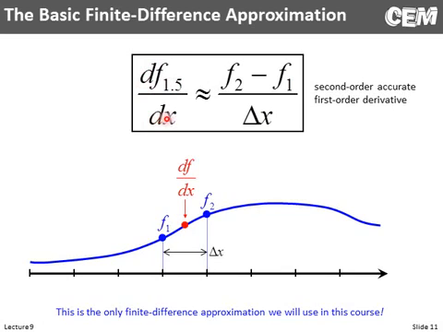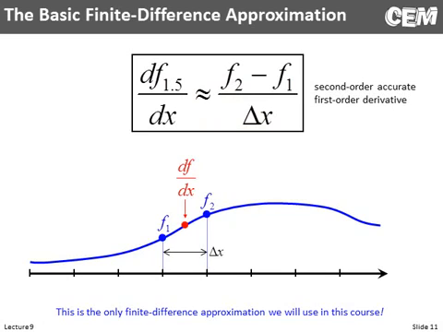So the derivative right at the center point between the points is simply f2 minus f1. This is the rise. So here's the rise. f2 minus f1 is this vertical distance. And then the run, delta x, that's simply the spacing between them. So rise over run gives us an approximation for this derivative.